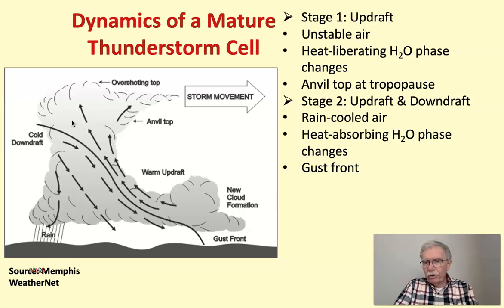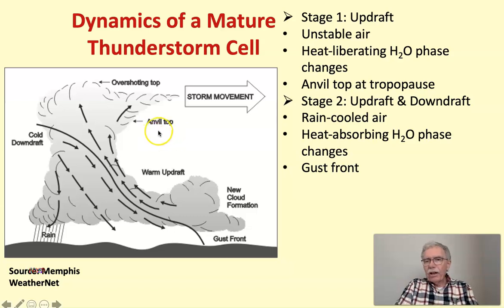Melting of snowflakes into raindrops is a heat absorbing process. And all of this takes its energy from the air surrounding, and so the air becomes rain cooled. Cool air sinks, and even though it warms by adiabatic compression, it still arrives at the surface cooler than the surroundings.